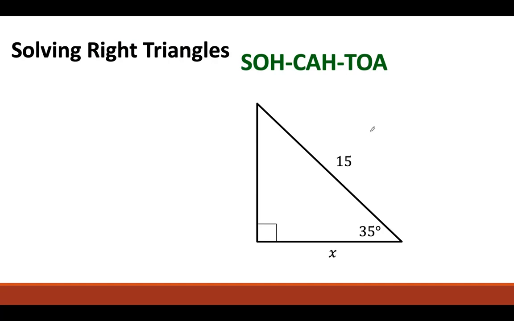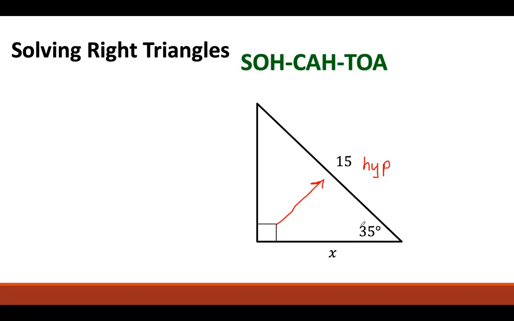Okay, let's look at this triangle. We have 35 degrees in the corner. We have one side labeled as x and one side labeled as 15. First, determine which side you have. We know that 15 is our hypotenuse because it's opposite from our right angle and is our longest side.